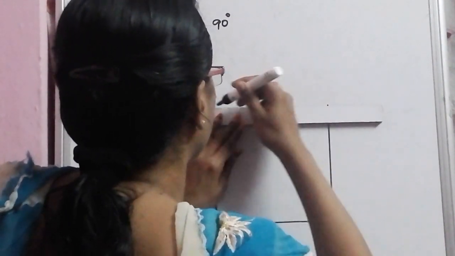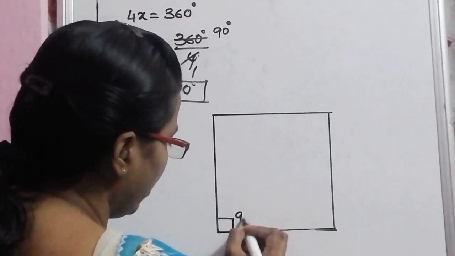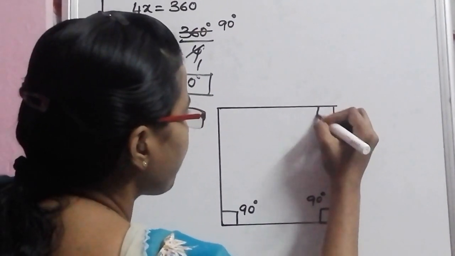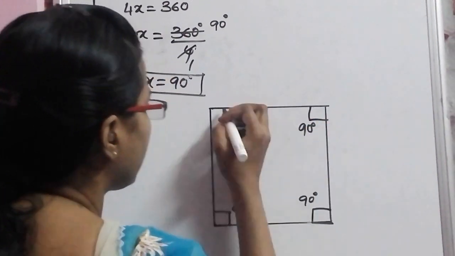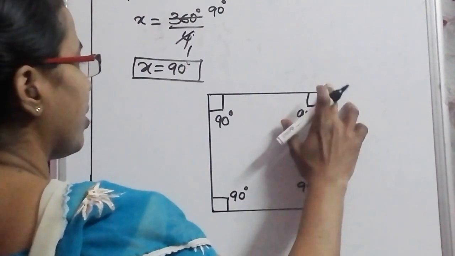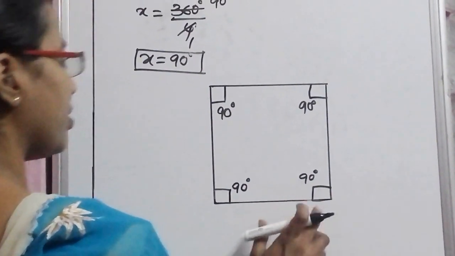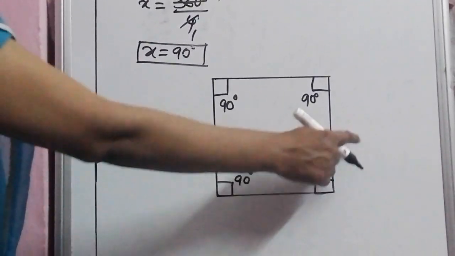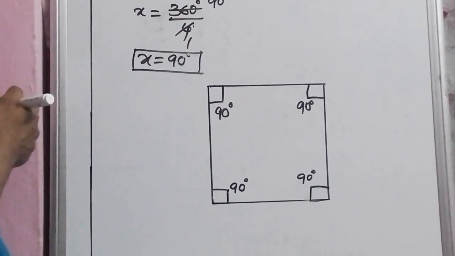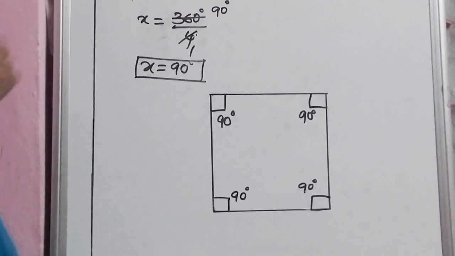Then join the sides. This is 90. This is 90. This is 90 and this is also 90. Which shape is this? It is a square. Okay. Here if you draw this, this is having all the sides equal. Okay. So you got a square. Understood this? Write it in your class workbooks, children.